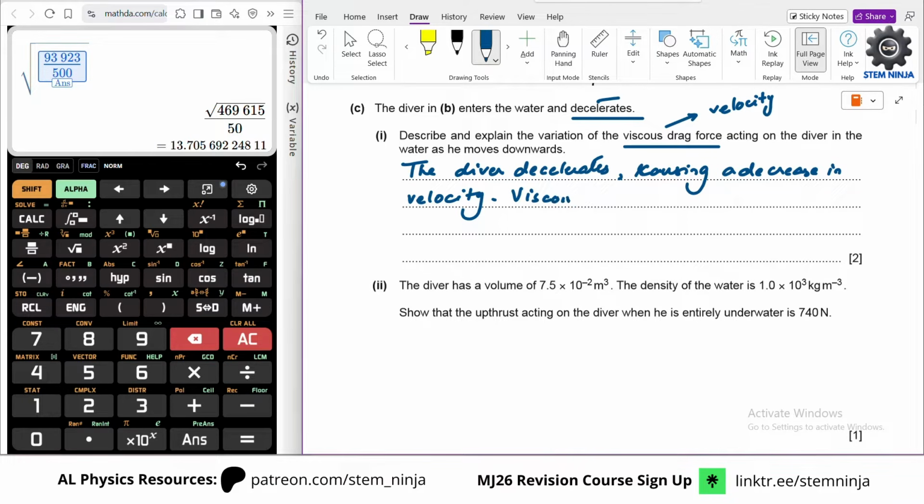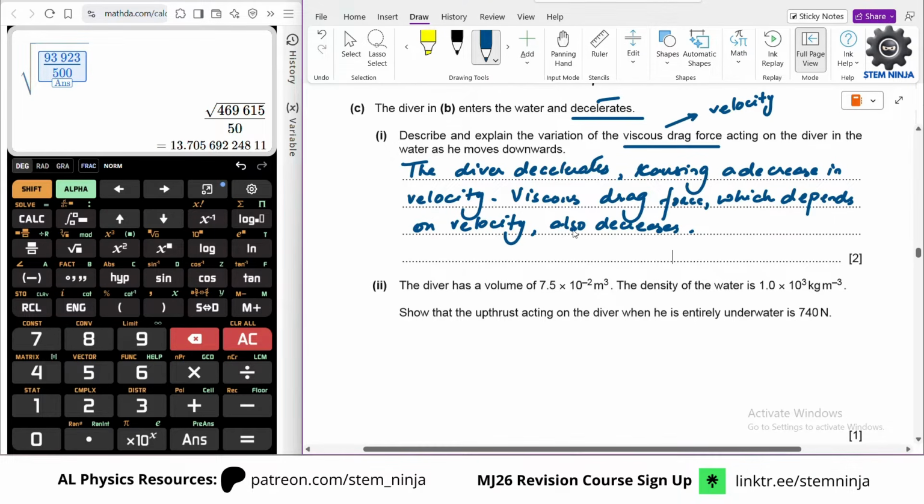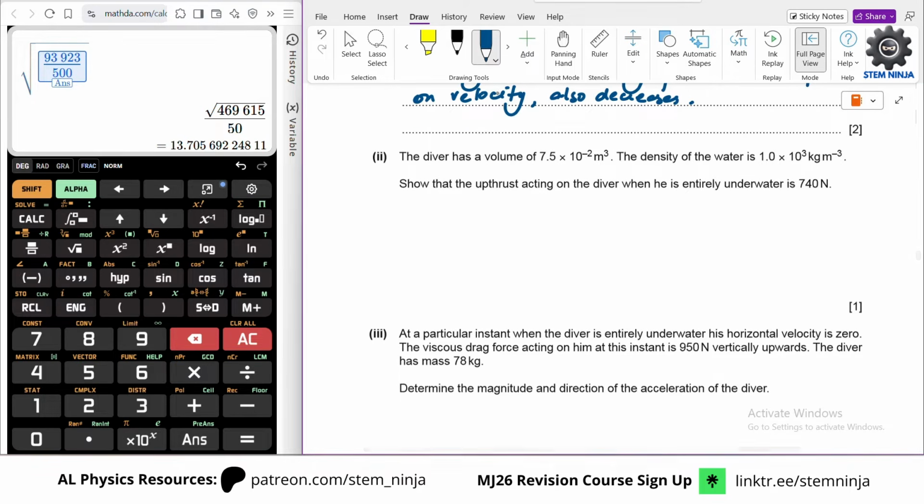Viscous drag force, which depends on velocity, also decreases. Yes, that's it.